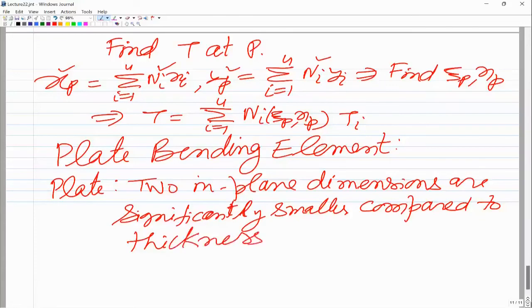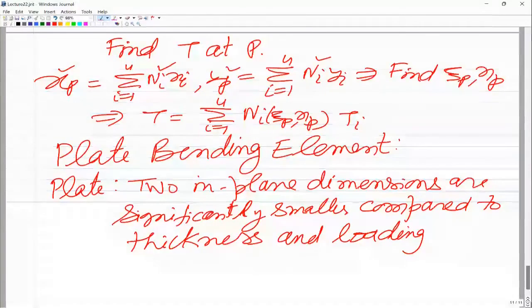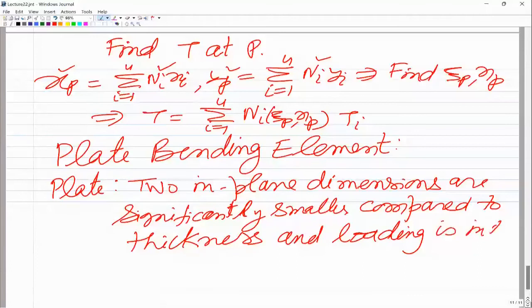An additional thing is that loading is in the thickness direction, maybe pressure loading or any other distributed loading. Or let's say if you have an aircraft carrier, when the aircraft is moving on the runway on the carrier, there also you are going to have these plates, and there are line forces or concentrated forces, but they are in the thickness direction. So loading is in the thickness direction, which we also refer to as the transverse direction.